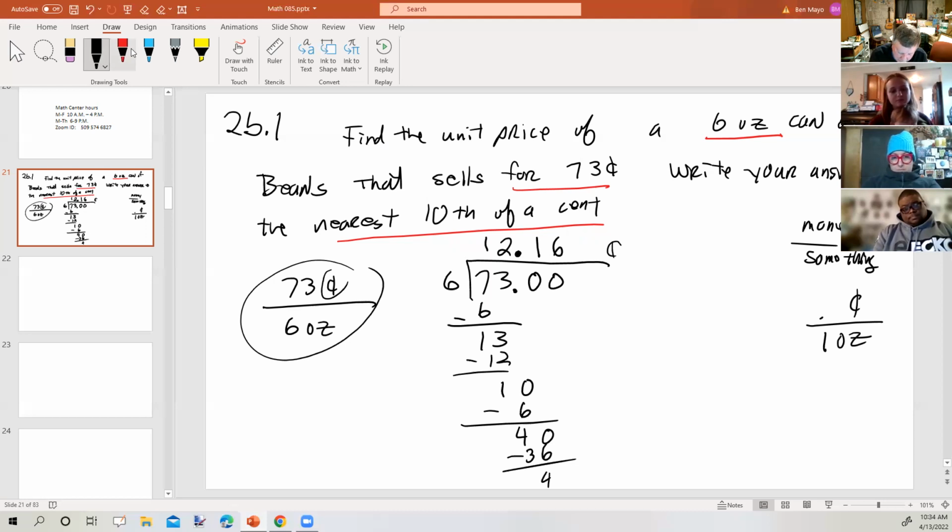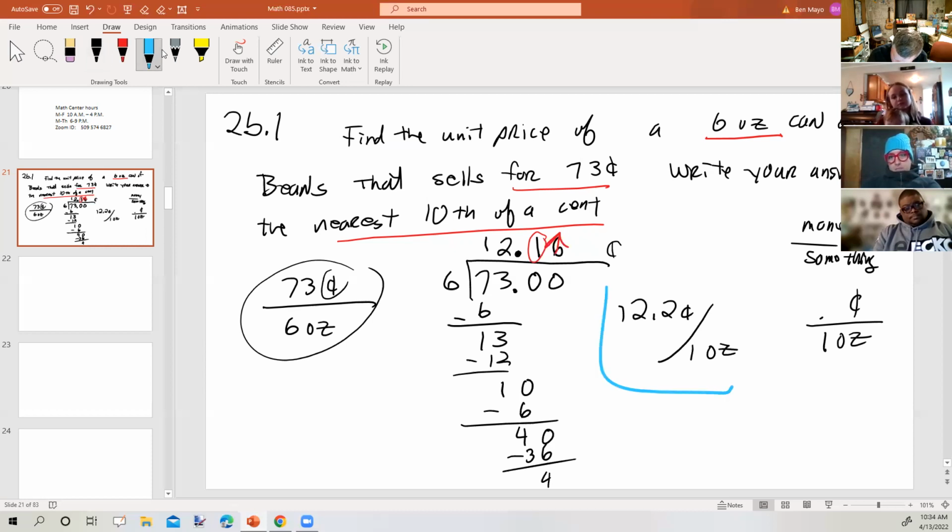So now I want to round to the nearest tenth. 1 decimal place to the right is a 6, which rounds up. So it's going to be 12.2 cents per ounce. That would be the unit price of the can of beans. Any questions about that particular example?